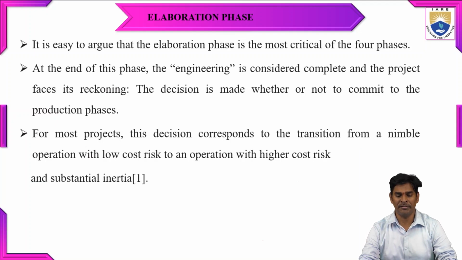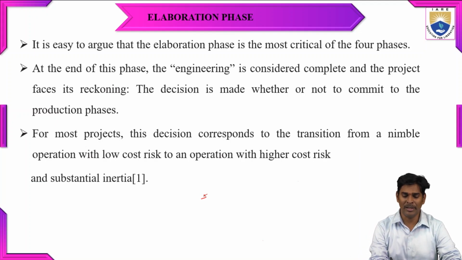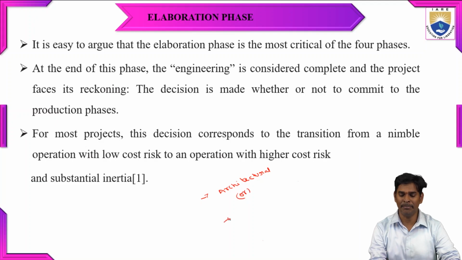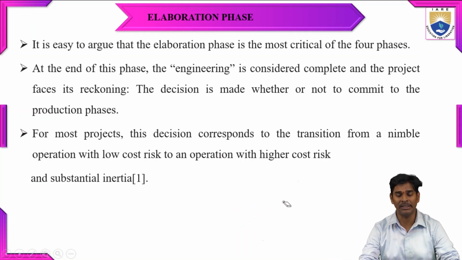The elaboration phase mainly deals with the architecture, which we can also call the design part. At least one person is required to explain this architecture: what the faults in the architecture are and how they will impact the software project.